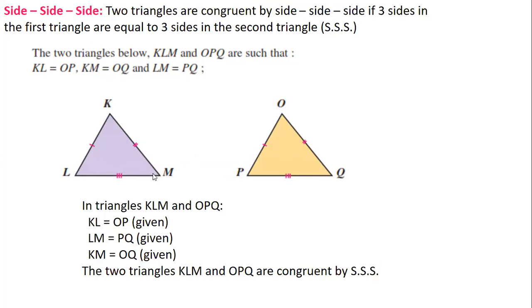Also, side KM has the same marks as side OQ. Here we have two dashes, so these two sides are equal. Side LM has 3 dashes and side PQ has 3 dashes, so side LM is equal to side PQ. We should prove that the two triangles KLM and OPQ are congruent.